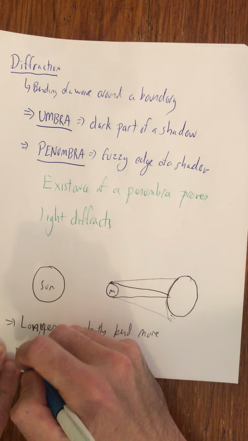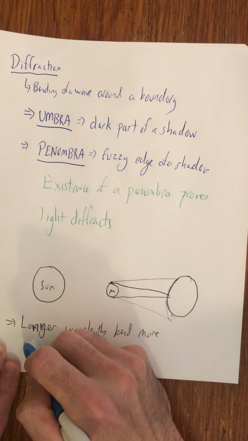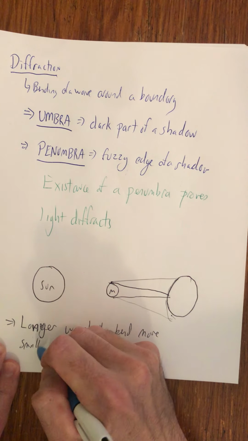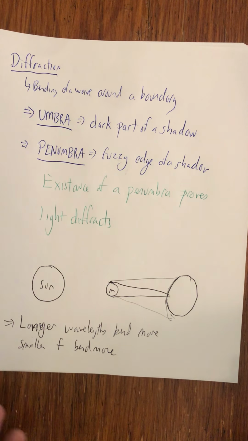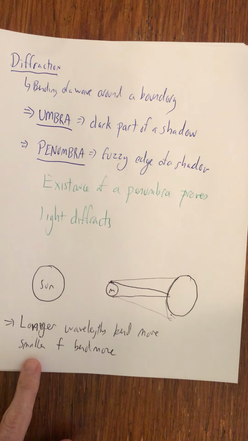That's the same thing as saying smaller frequencies bend more. So if I have a shadow and the red is bending more into the area than the blue is, right at the edge of the shadow is going to be the light that was bent the least, and that's why it's going to have that blue or violet tinge, because those are the shorter wavelengths, or the higher frequencies.